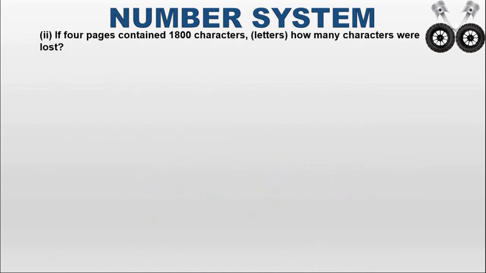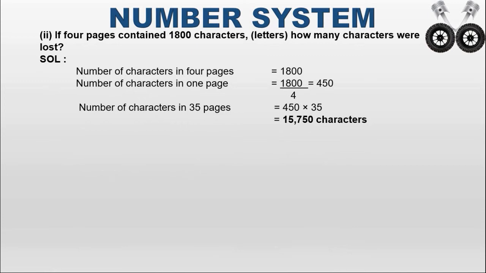So what is the second condition? If 4 pages contained 1800 characters, how many characters were lost? So for 4 pages, how many letters did he write? He wrote 1800 letters. So for 35 pages, we have to find how many characters were lost. The number of characters in 4 pages is 1800.